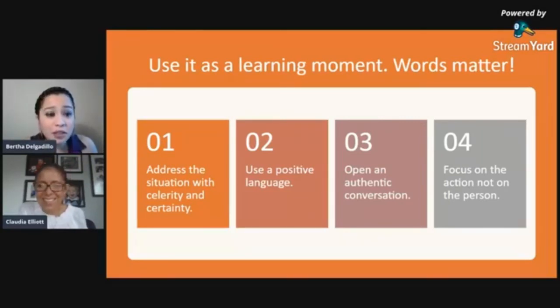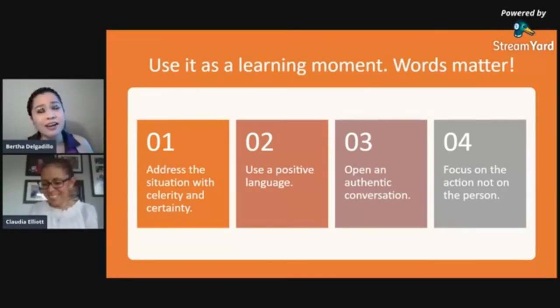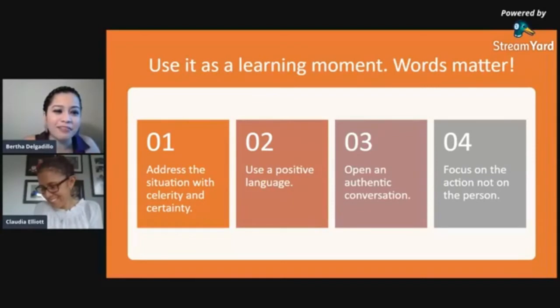So use positive language, and obviously it's going to be hard to address it with love after the child just did something totally academically dishonest, and on top of that, it might not even be your favorite student. Don't tell me you don't have favorites, because I try not to, but I do have some students who, I love them all the same, but you know what students I'm talking about.